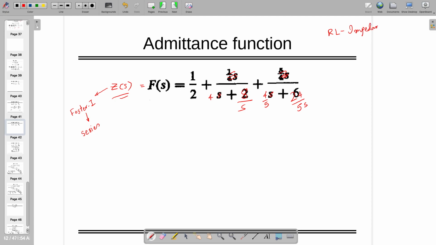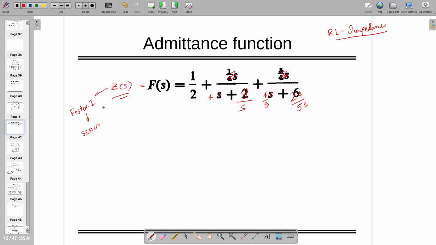I explicitly wrote it's RL impedance. So if it is impedance, it will give me RL. If I make this admittance, it will give me RC. Right? But in general, it's not known to you. Let's say you know because this topic is going on in a synchronized manner. But maybe when the world is open to you, then you don't know whether it's RC, RL, or LC. You need to find out.